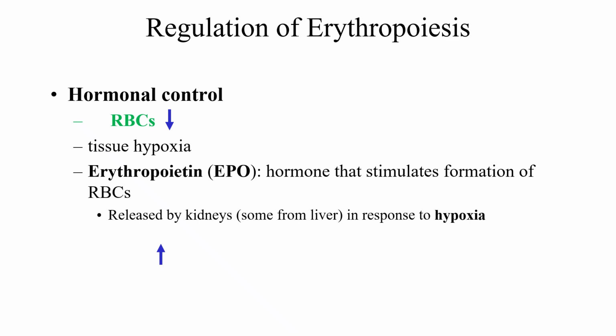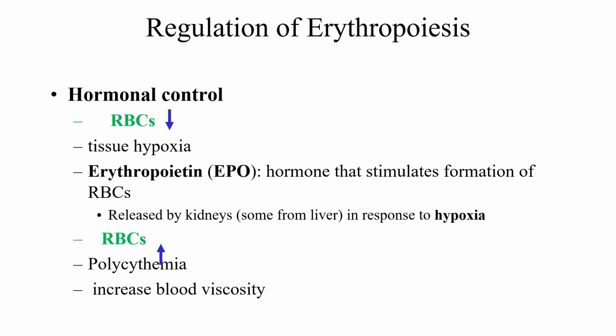Now, on the flip side, if we have an increase in red blood cells, we would expect, to maintain the homeostatic balance within the body, that the kidneys and or liver would stop secreting erythropoietin.